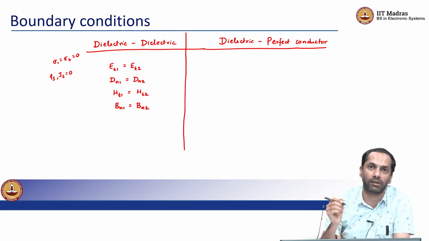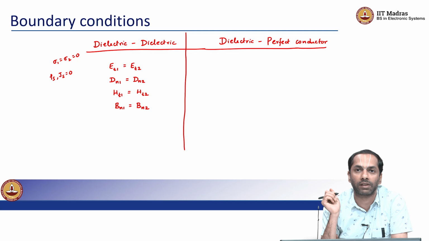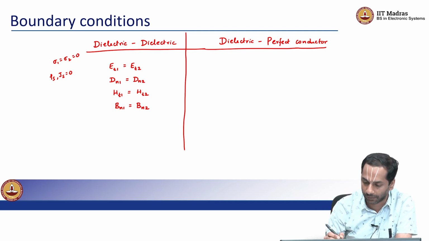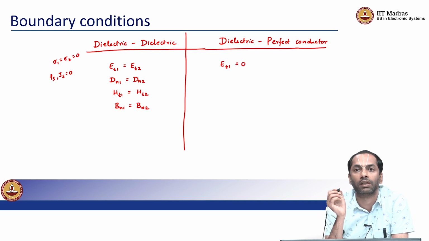So, let us relook, but remember that conductors can allow for surface charges and surface currents. So we have Et1 is simply 0. So we cannot have electric fields that are not perpendicular to a perfect conductor. So we can have no component of the electric field along the plane of the perfect conductor, okay.